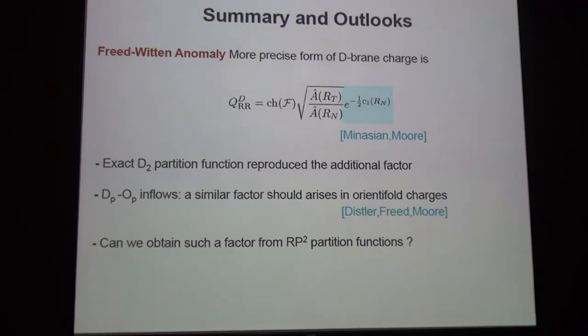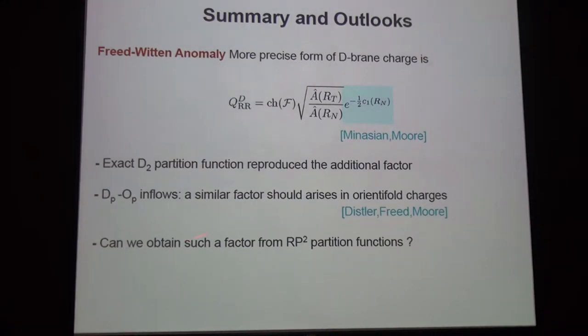And I was told that there was some debate, actually, whether or not this factor really exists in these D-brane charges. But I found that this hemisphere partition function computation actually reproduces the additional factors. So this is really there in these D-brane charges. But it also raised some other questions.